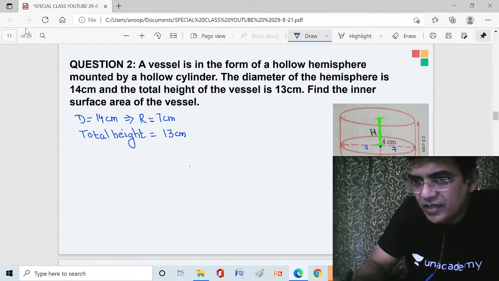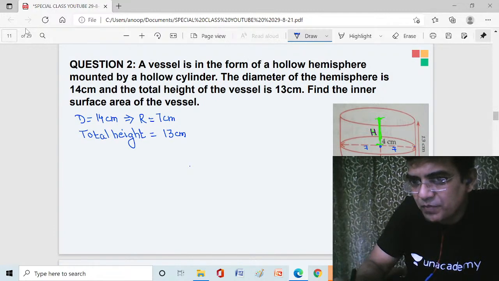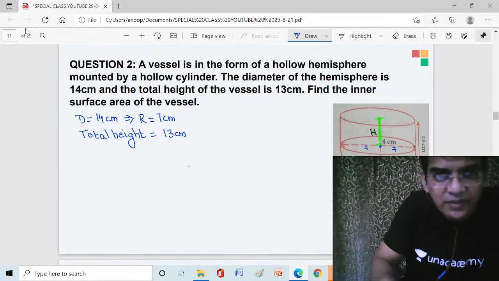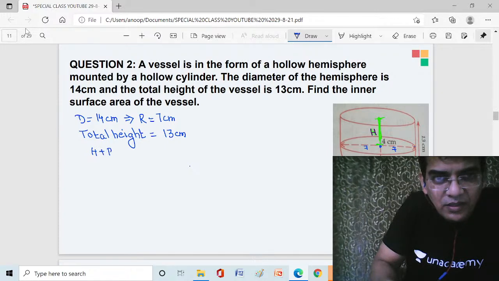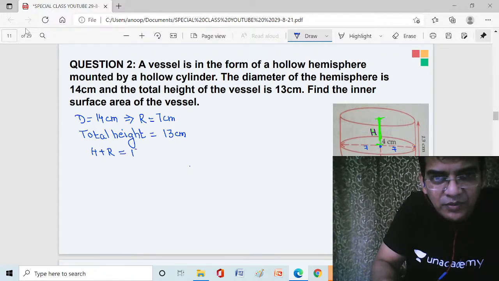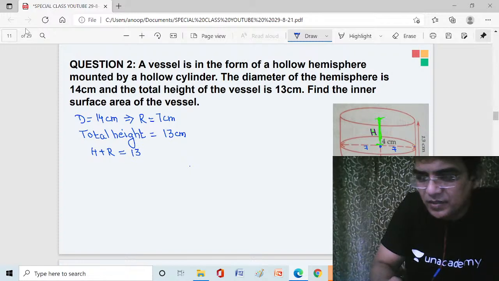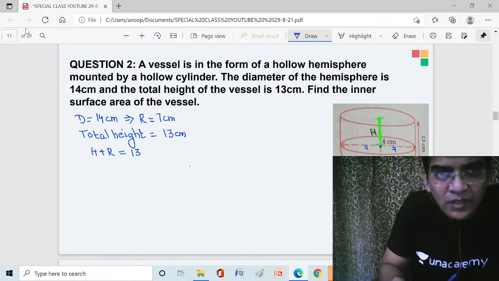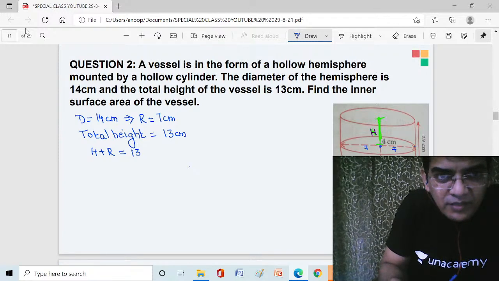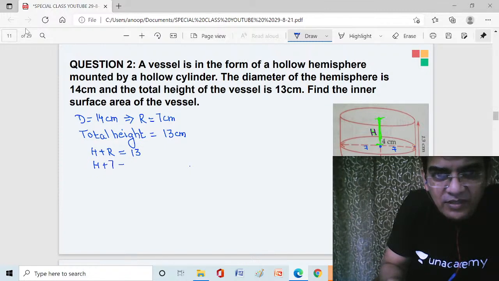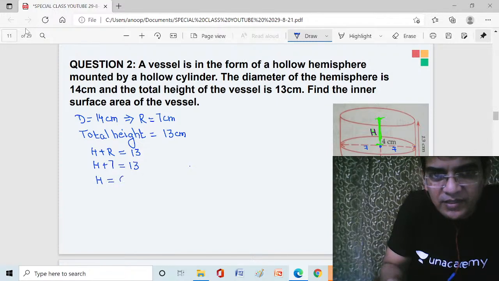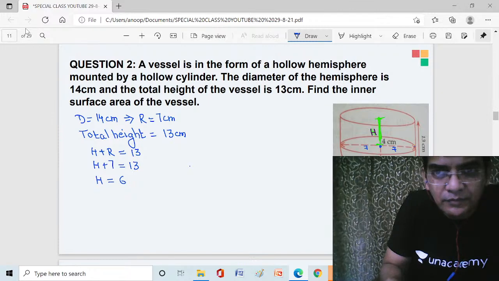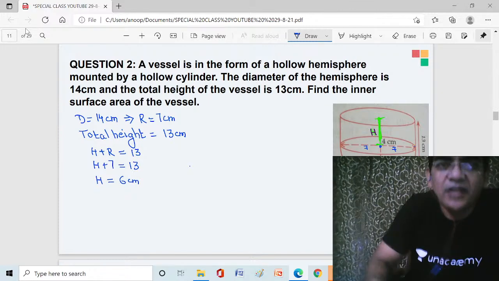So this total height 13 is representing h plus r. So I can write h plus r is equal to 13. This h is the height of the cylindrical portion, that is unknown to us. Radius is known to us as 7. So from here I can get the height of the cylindrical portion, that is 6. So I've got the height of the cylindrical portion.